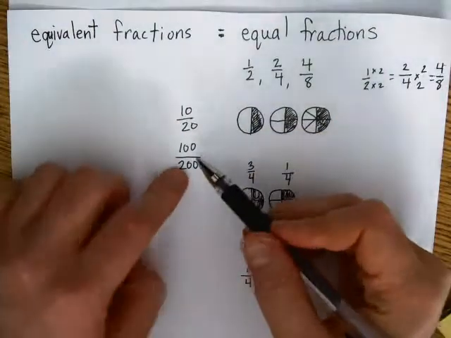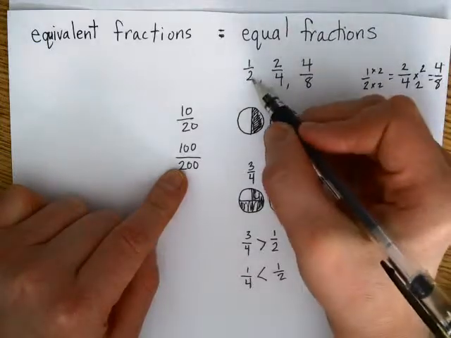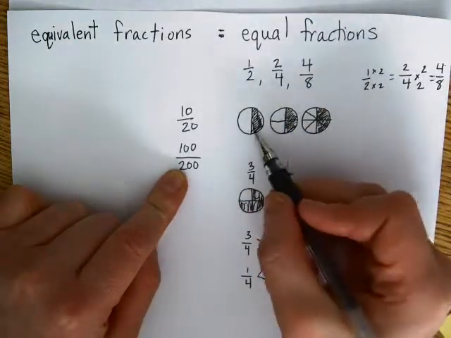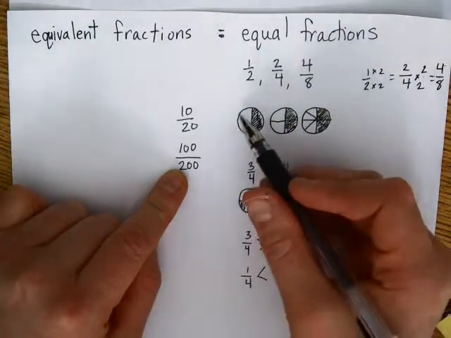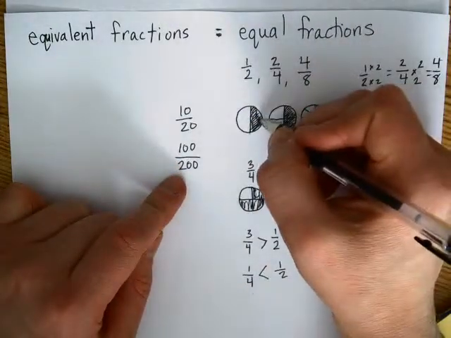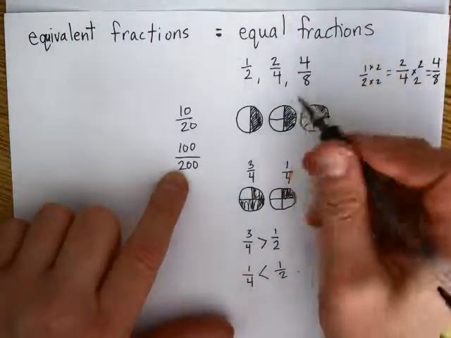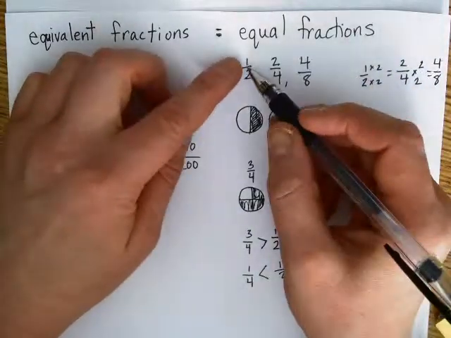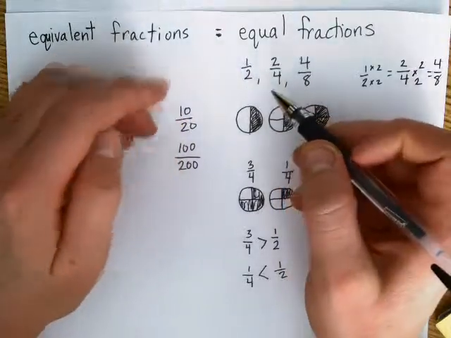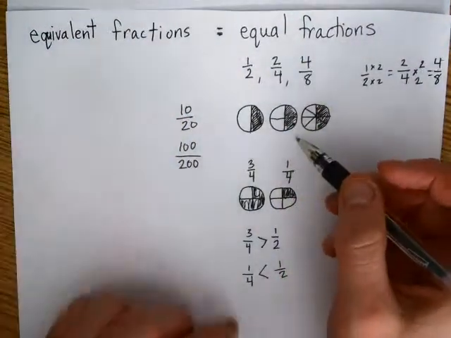And what that would mean is this little circle here, instead of being broken into just 2 parts, would be split up into 200 eensy weensy teeny tiny parts. All right, and 100 of those parts would be shaded. So it doesn't change the area, but the pattern that we want kids to notice between the numerator and denominator is that there's going to be a relationship between them when the fractions are equivalent.